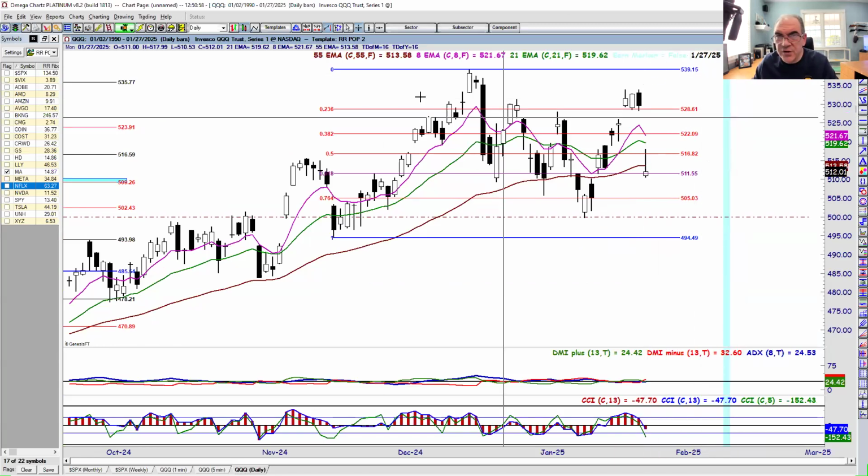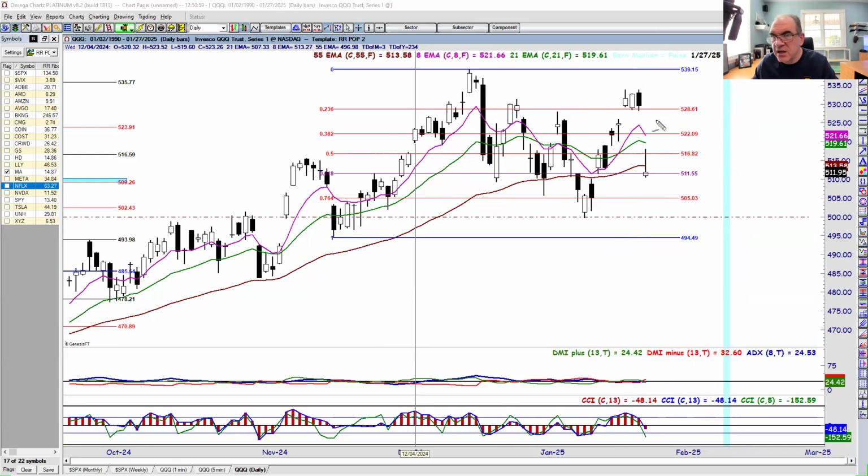So, Andres, I would love to see a small move up, assuming we close here, retest to the 528.61, not exactly in a bounce. Take the trade on the entry, on the bounce, stop below the 528.61. If we've got a resistance up here at 539, my target on this one would probably be 536, 537, somewhere around there.